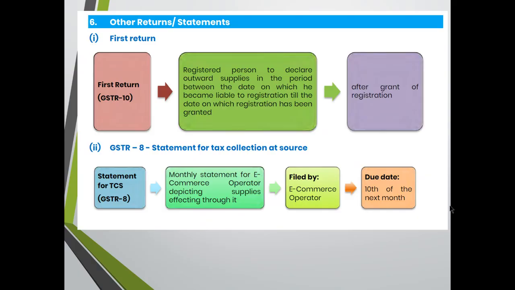Then electronic commerce operator. There are two types of electronic commerce operator transactions, section 95 transactions and TCS transactions. In case you are having those TCS transactions, 2% TCS has to be collected, other than those situations wherein 95 is applicable. So the electronic commerce operator would be collecting 2% extra.